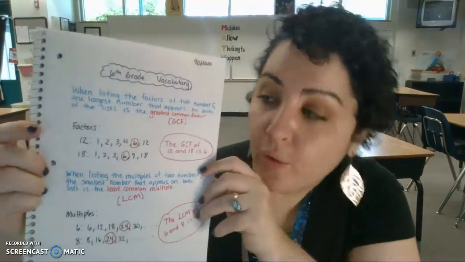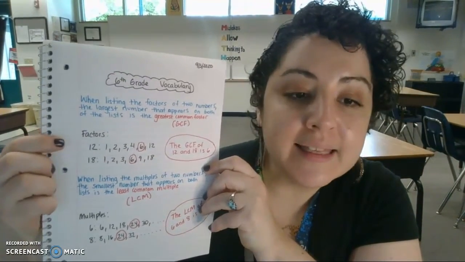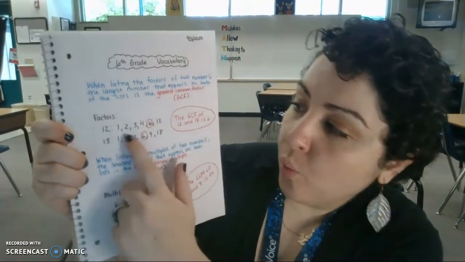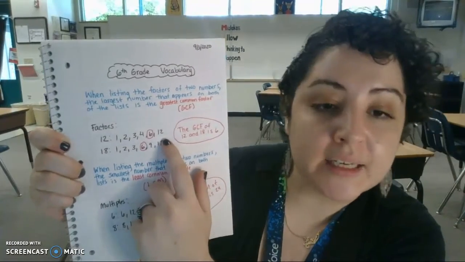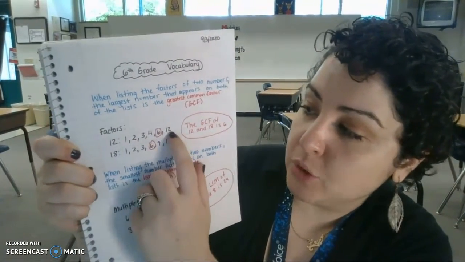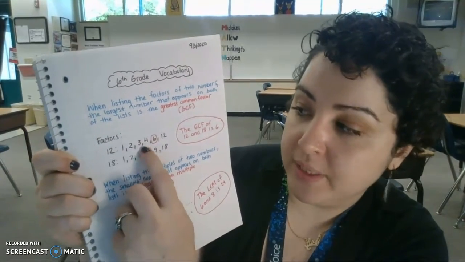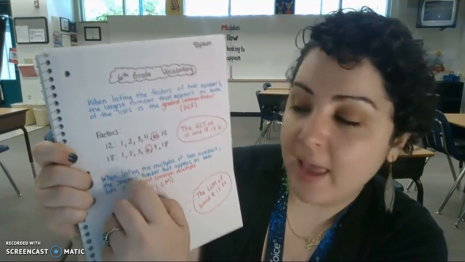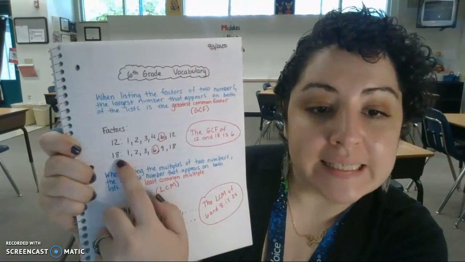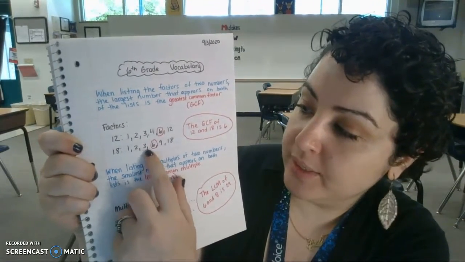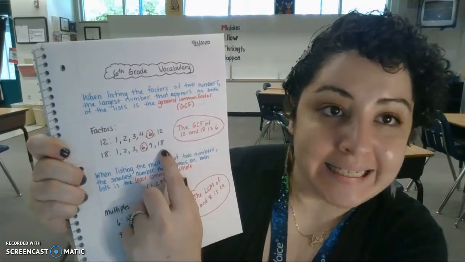Here are the numbers 12 and 18, and I listed out the factors of 12: 1, 2, 3, 4, 6, and 12. Because 1 times 12 gives me 12, 2 times 6 gives me 12, and 3 times 4 gives me 12. I then listed out the factors for 18: 1, 2, 3, 6, 9, and 18.